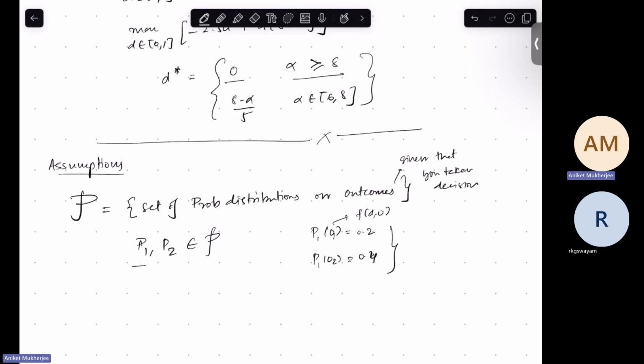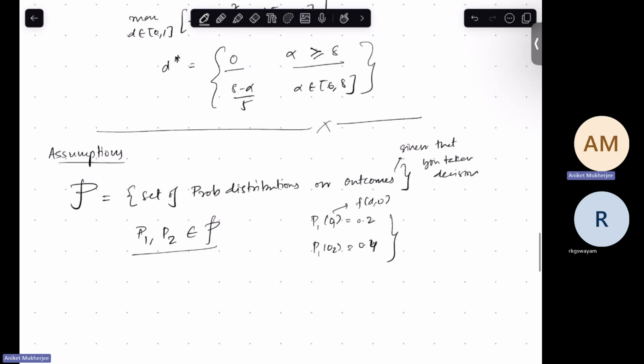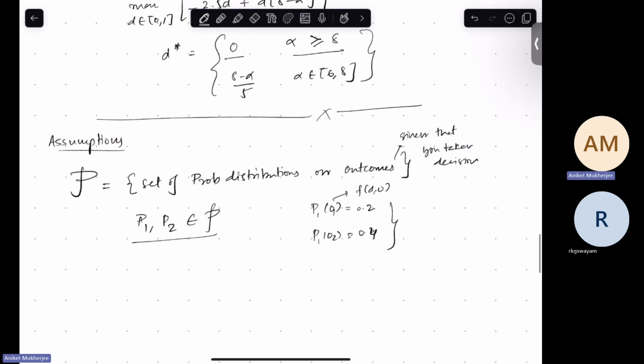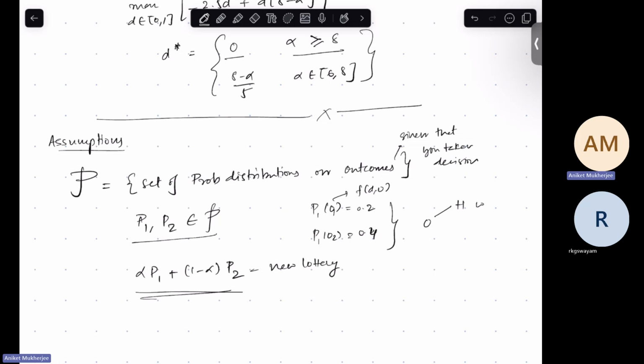Now, if I take two probability distributions from this, then alpha P1 plus (1 minus alpha) P2 is also a new lottery. How do you realize this lottery physically? You take P1 and P2 and then you flip a coin. You get heads with probability alpha and tails with probability 1 minus alpha.